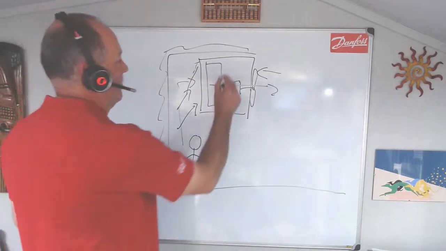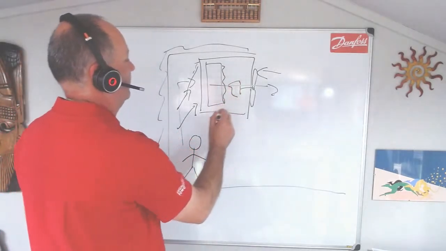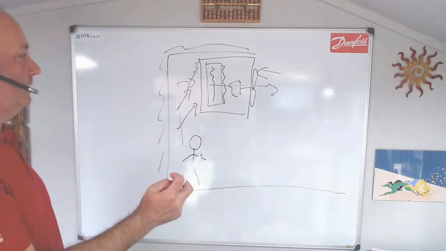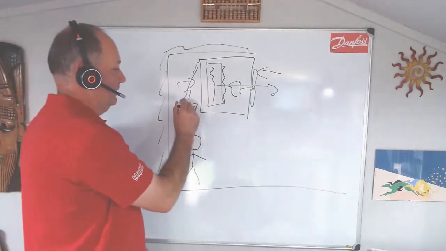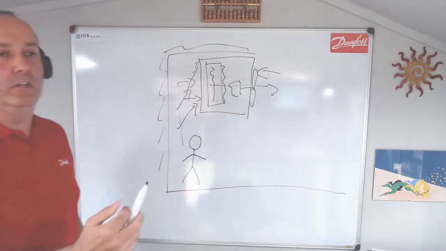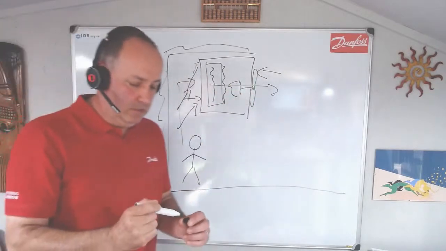The problem is there might be an ice build-up on this side of the coil or an ice build-up in the coil. So the best thing to do with a torch is actually shine it through that way and make sure you can see all the way through the coil, and then you know that coil's actually clear of ice. So that's just an aside, really.